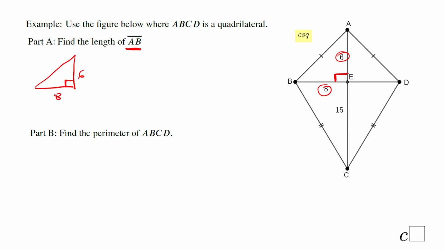Six, 8, and I'm gonna call this one x. What can we use in a right triangle? The a squared plus b squared equals c squared, Pythagorean theorem. Be sure a and b are the legs, so 6 and 8. So we have 6 squared, that will be 36, plus 8 squared is 64, equals x squared. 36 plus 64 is 100.